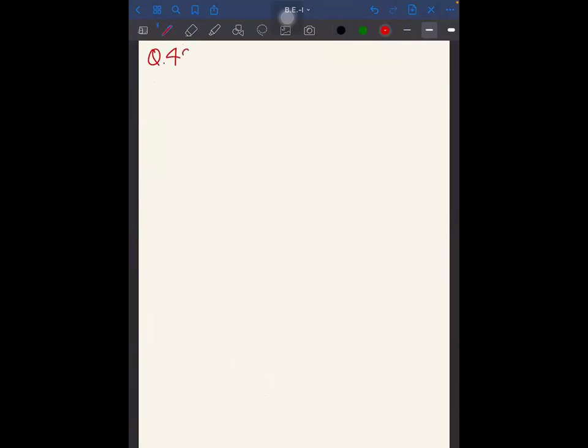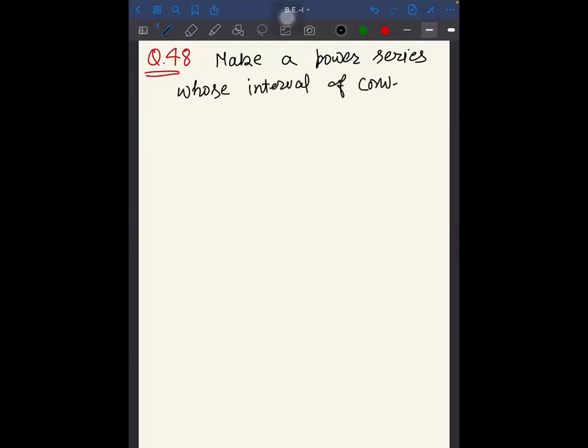Make a power series whose interval of convergence is -3 to 3.